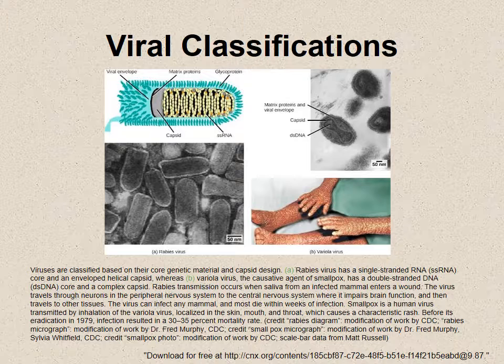However, the classification system that's used most often today is the Baltimore classification scheme. And this is just based on how messenger RNA is generated in each particular type of virus. We're not going to get into that in this particular lecture. Go ahead and read through that and read the different types of groups and how each virus in each of those groups is classified.